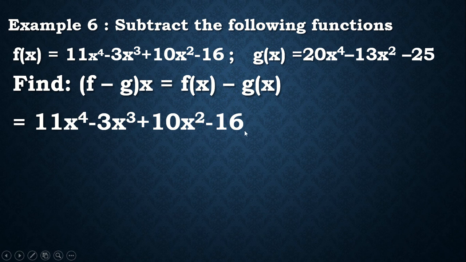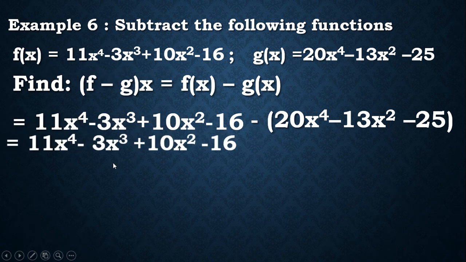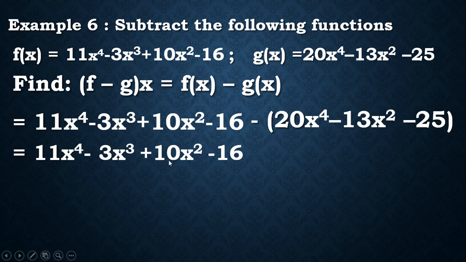And then we have to copy the g of x, which we will put inside parentheses so that we can have the subtraction, which is our main operation. And then you have to multiply this.